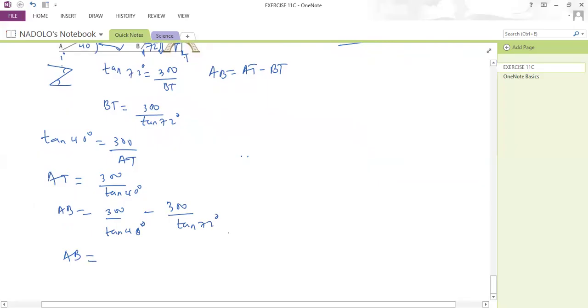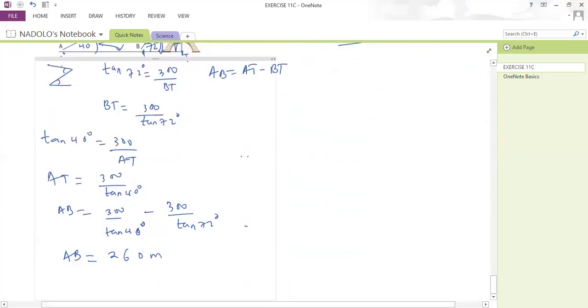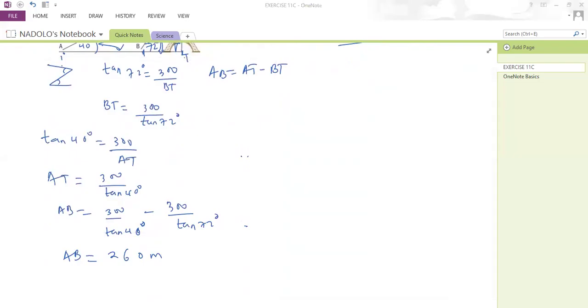Get your answer as 260.05. To three significant figures is just 260 meters. So that is how far those two people are apart. So that's the end of exercise 11D.